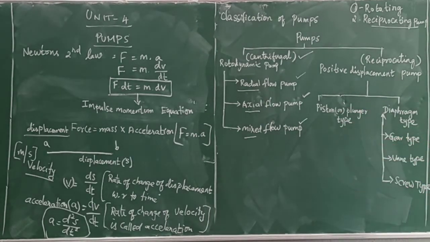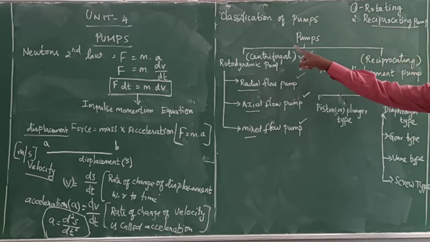One is piston or plunger type, and another one is diaphragm type. These diaphragm type positive displacement pumps are used to transmit high viscosity fluids. Oil and other higher viscosity fluids can be transmitted by these types of pumps.